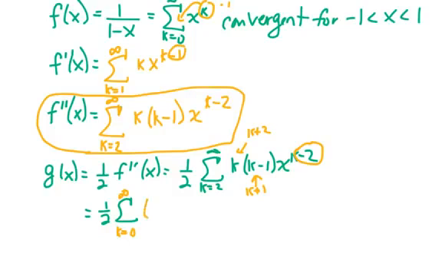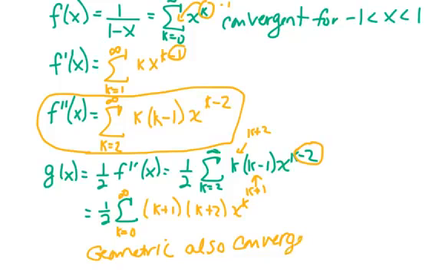So we've got k plus 1 times k plus 2 times x to the k, a geometric-type series, and we know that this also converges for x from -1 to 1. So that's how you differentiate one function to get to another function through the power series.